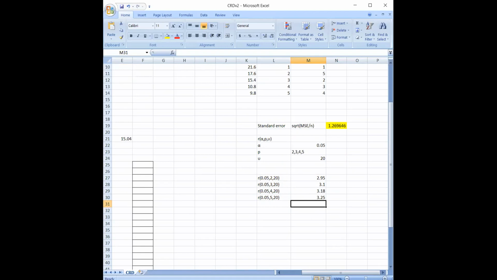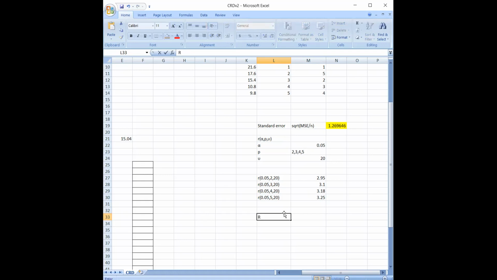To calculate them, you take the table value and multiply that by the standard error of the mean. Since the possible values for P go from 2 to 5, right?